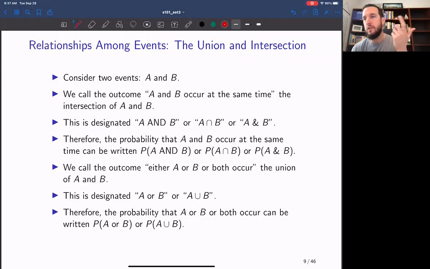So in the context of the die rolling example, what we could do is let event A represent something that happens on die 1, and let event B represent something that happens on die 2. And then we can start to discuss unions and intersections between the events.